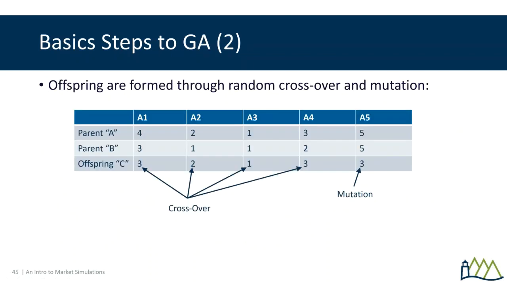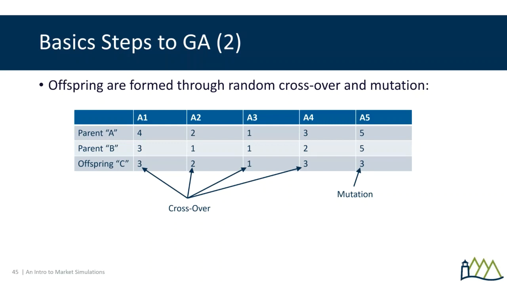Let's go ahead and look at the next slide here. If I have two parents with certain attributes and levels chosen, I'm going to use crossover and create an offspring. You can see that for the first 4 attributes, I've randomly selected from one of the two parents which level to put there.